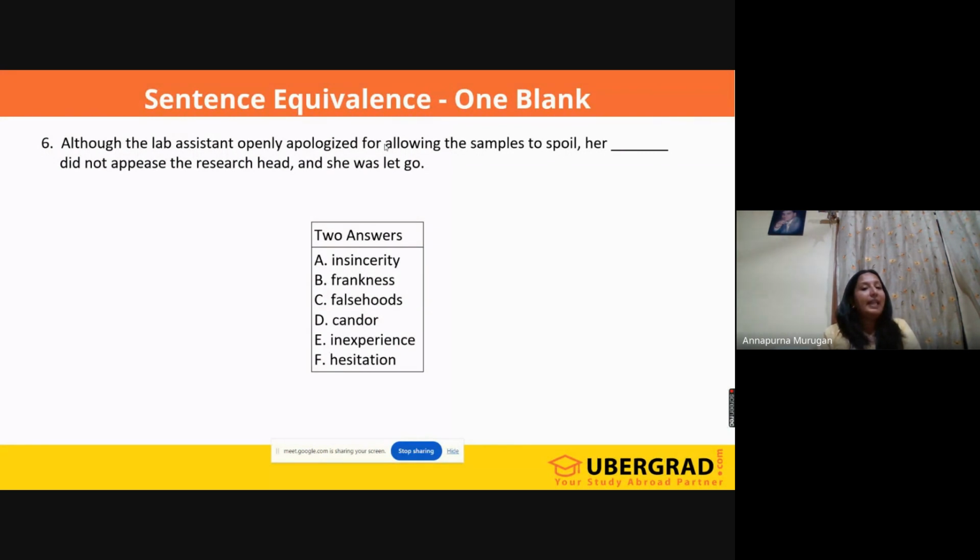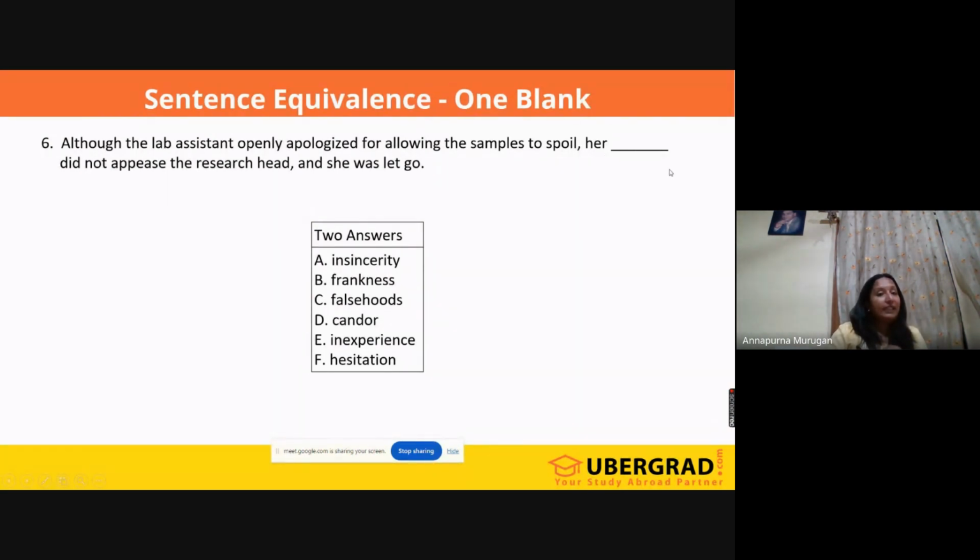Although the lab assistant openly apologized for allowing the samples to spoil. Although is there, so the next part of the sentence will be the opposite. See, she did something honest here. She openly apologized for her mistake. That means the lab assistant was sincere here.